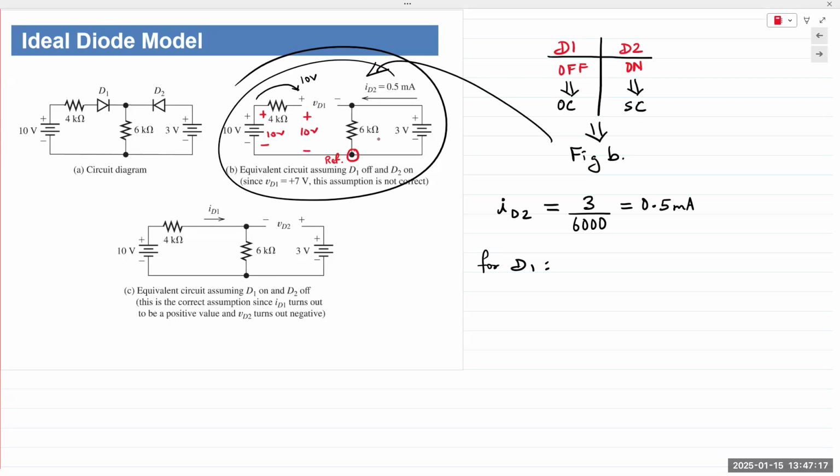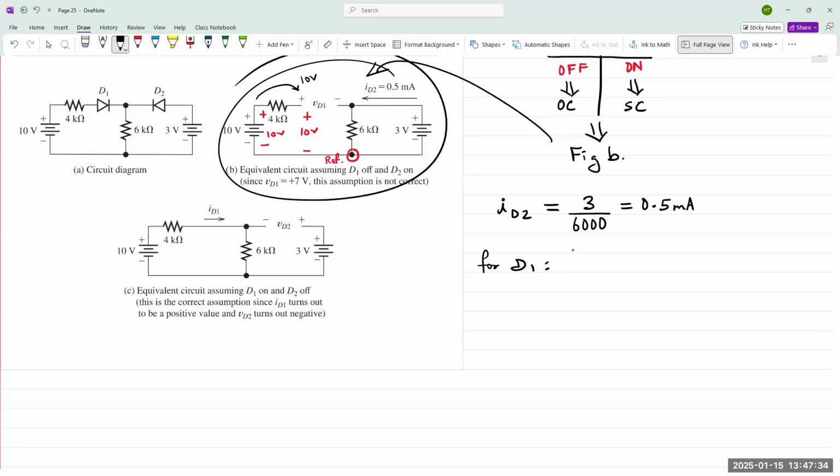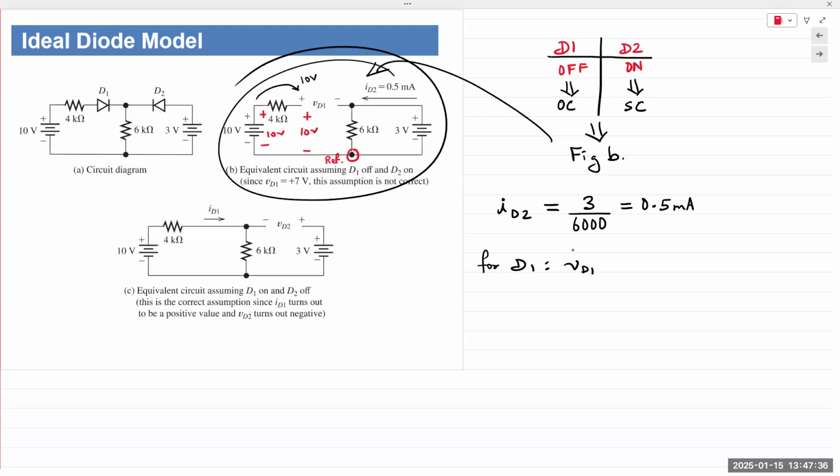The voltage across the 6 kilo ohm resistor, and we don't require any analysis for that, is 3 volts because it's in parallel with the 3 volt source. So for D1, the voltage at the anode is 10 volts, and the voltage at the cathode is 3 volts.